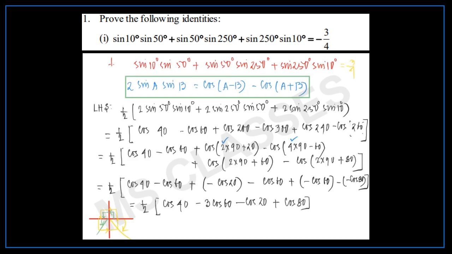Now children, we know the value of cos 60, so I'll keep this separate. I'll be dealing with cos 40 and cos 20, and cos 80 I'll keep separate. So we can write half of cos 40 minus cos 20 plus cos 80, minus 3 by 2. Why 3 by 2? 3 into cos 60, cos 60 is half, so minus 3 by 2.